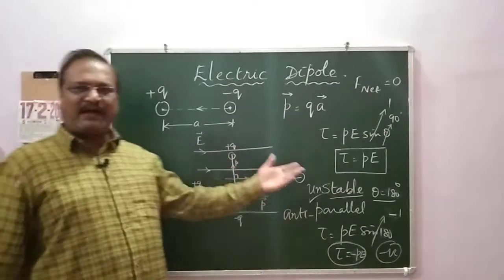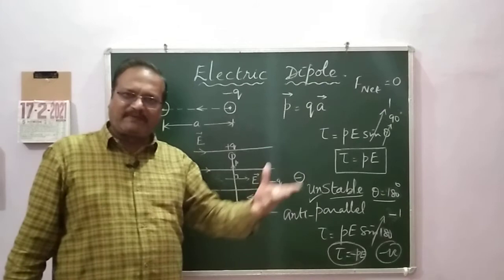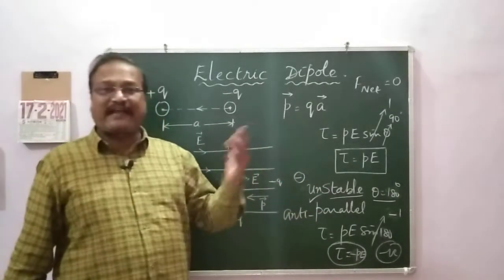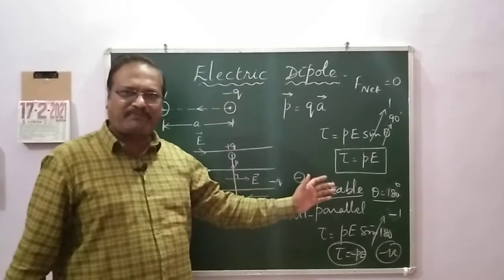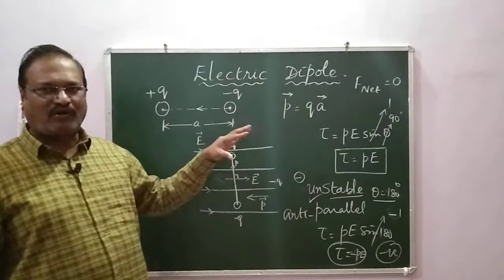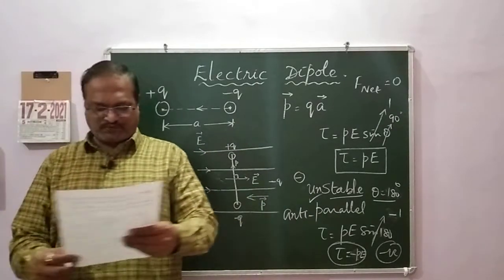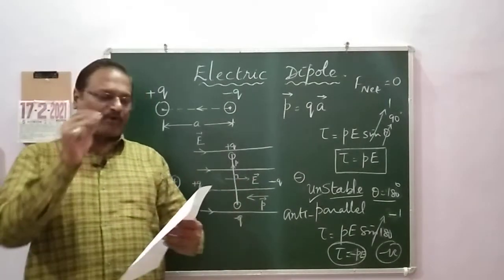The question can be asked in a different way. For unstable equilibrium and stable equilibrium, what should be the angle, will they be parallel or anti-parallel? But all of them come to the same concept, based on which you will be able to answer. Now I am going to proceed with one problem.